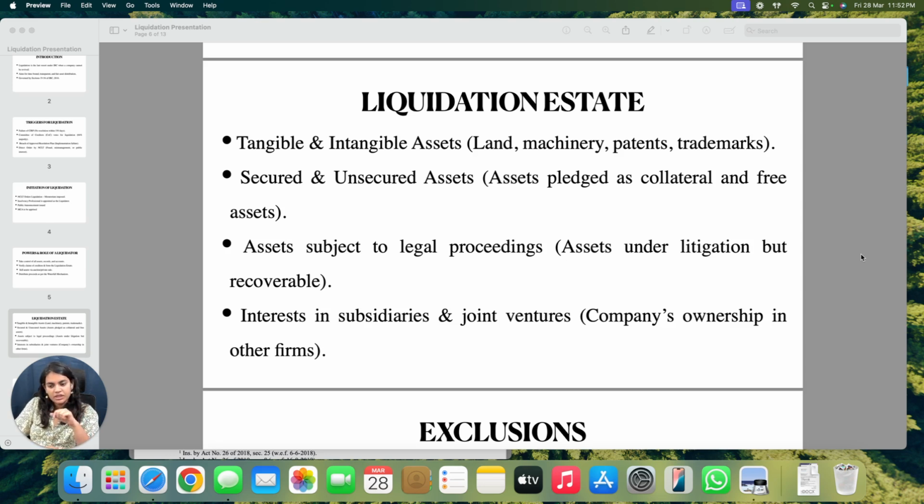Under CIRP, all of the stakeholders, whoever have submitted their claims, will have to submit their updated claims in the liquidation process upon the issuance of a public announcement. If there are any variations or increases or decreases in the claim amounts, or if they want to withdraw the claims, then they may do so in the liquidation process.